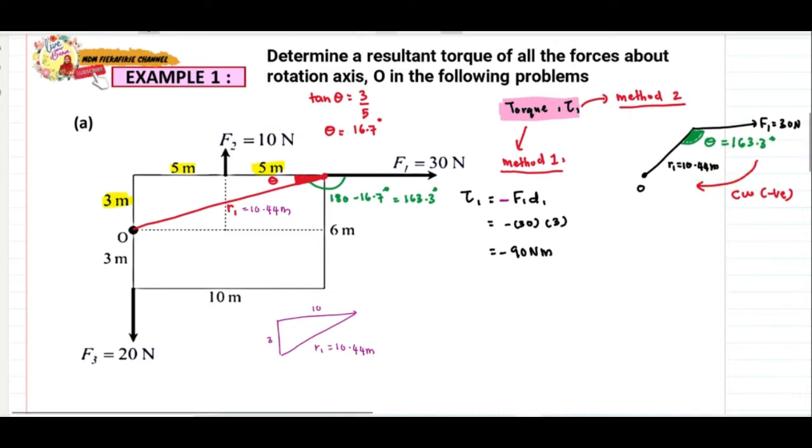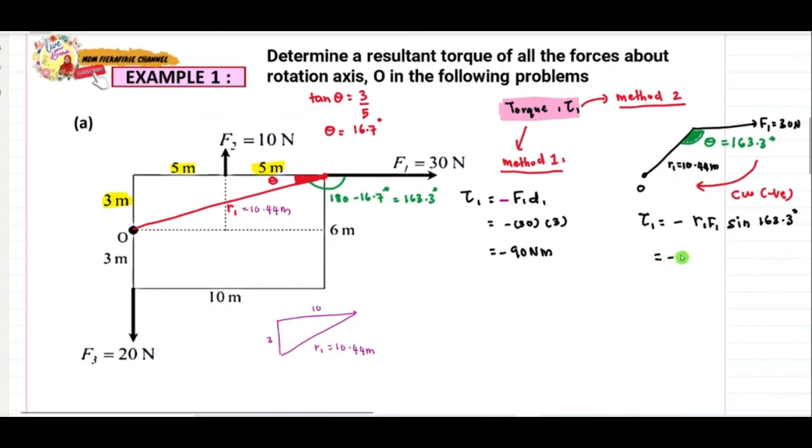Boleh? Okay, so ini hanyalah second method. So terpulang kepada awak nak guna method yang mana. So torque 1 is equal to negative because it is clockwise direction. So it equals R1, F1, and the angle between them is 163.3 degree.